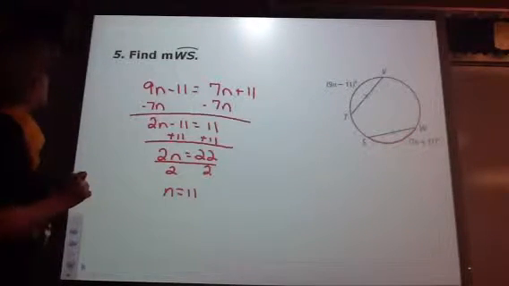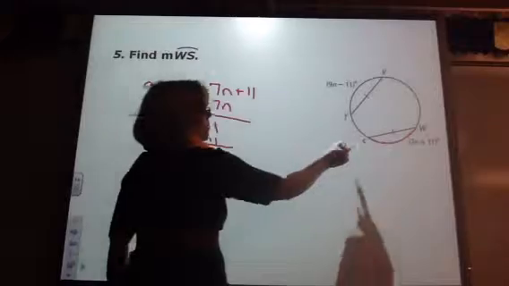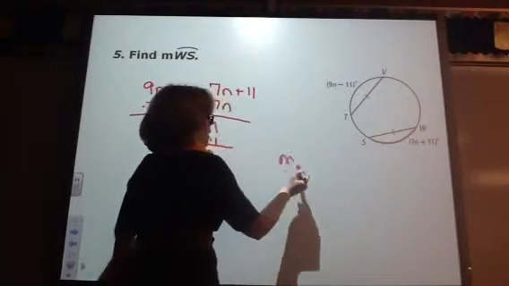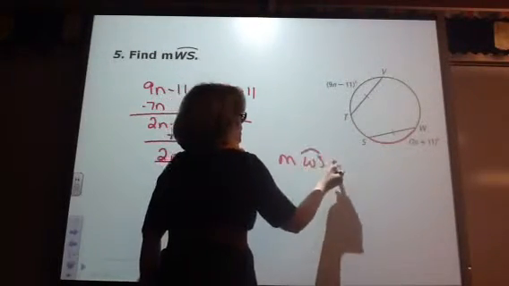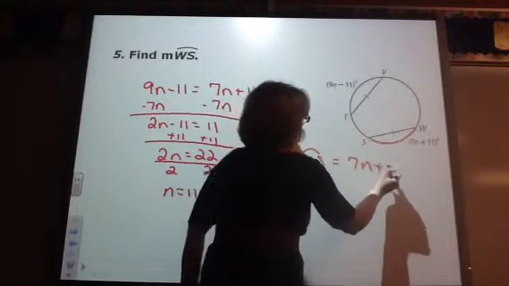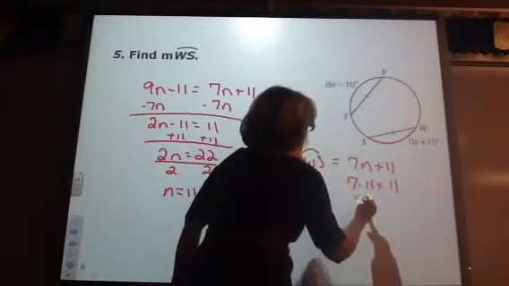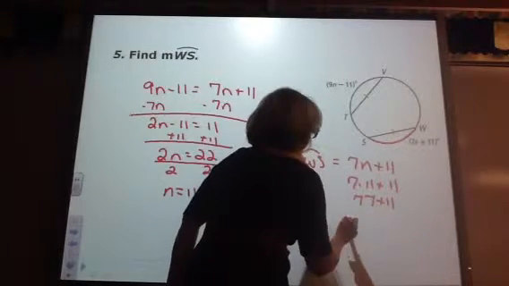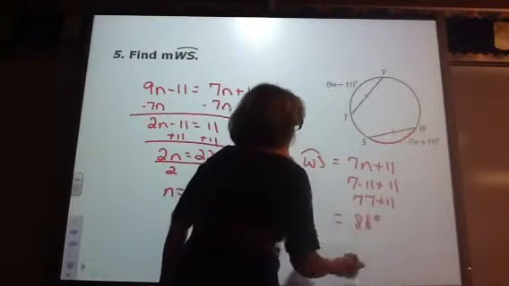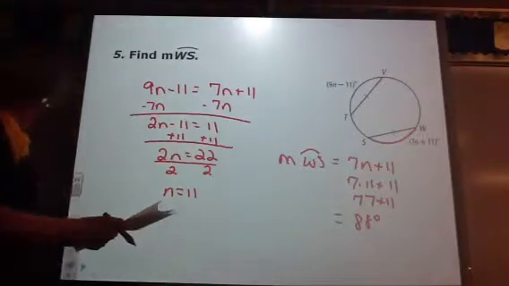Okay, so N is 11, but that's not what we want. We want the measurement of arc WS, which is 7N plus 11. So substitute in for your variable. Therefore, that measurement is 88 degrees.